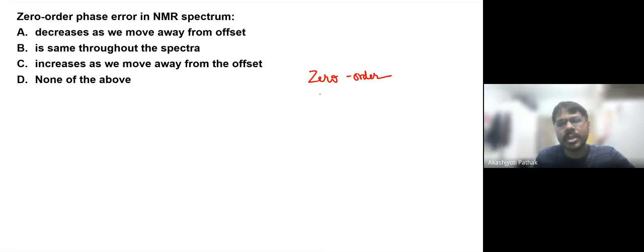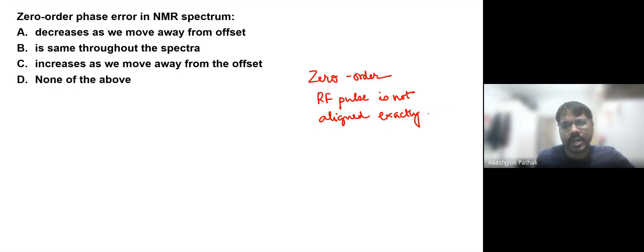Zero order phase error comes when your RF pulse is not aligned properly, or not aligned exactly at the x-axis or y-axis. It can be that you are applying the RF pulse in the x direction, or in the y direction, and it is not aligned exactly.